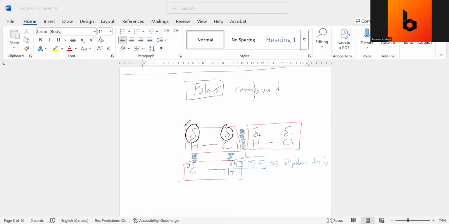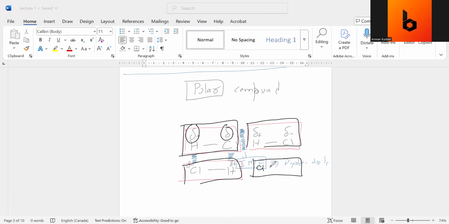So this is one molecule, this is the second molecule, this is the third molecule, and we can also have a fourth molecule over here, which is maybe HCl, delta positive, delta negative. And then what happens is the negative center of one attracts the positive center of the other.